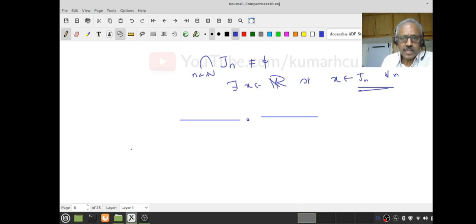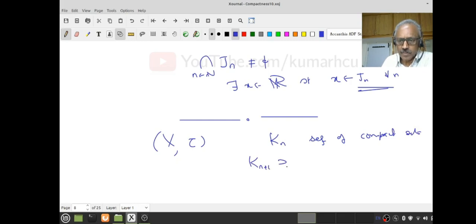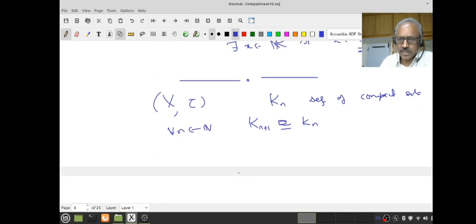Now, what can I think of as an analog? So I have a topological space X, and let K_n be a sequence of compact sets, and it should be nested. What does that mean? K_{n+1} should be contained in K_n for each n. Of course these should be non-empty, because if one K_n is empty, then the intersection will be empty.